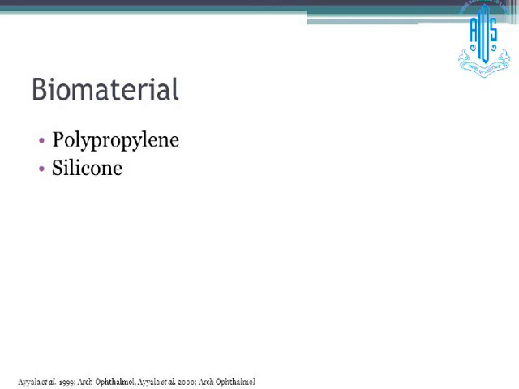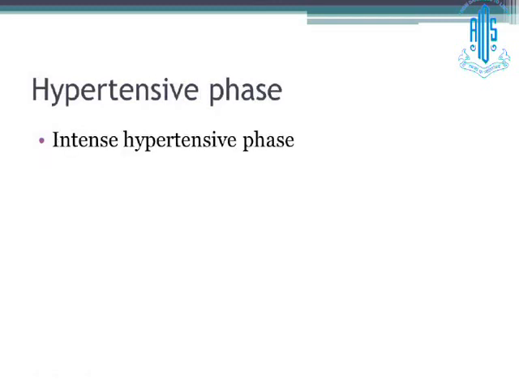Once cells adhere, cytokines and mediators are released, and the fibrogenic response starts. In the studies, we have found that polypropylene is more fibrogenic than silicone. Then the hypertensive phase, as madam has explained already, leads to an extensive encapsulation and more aqueous stay there, and more fibrogenic response at a later time.